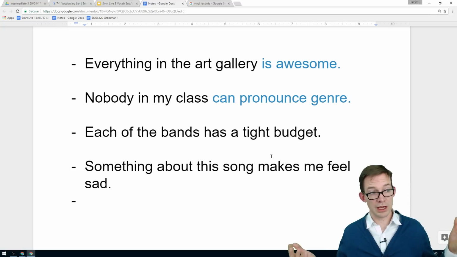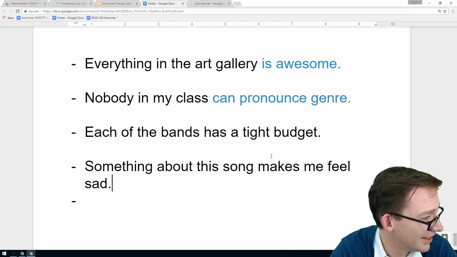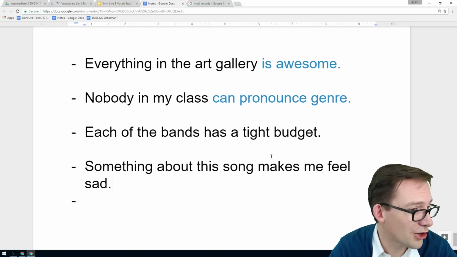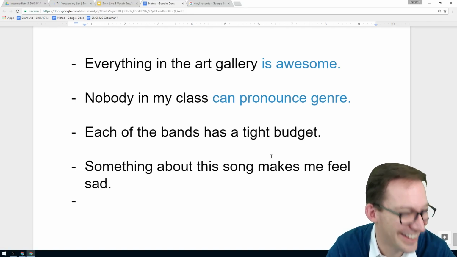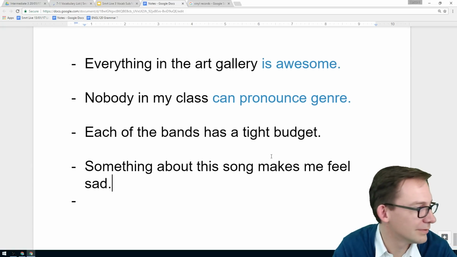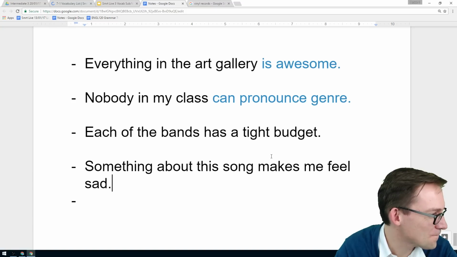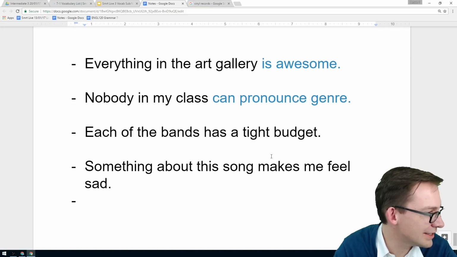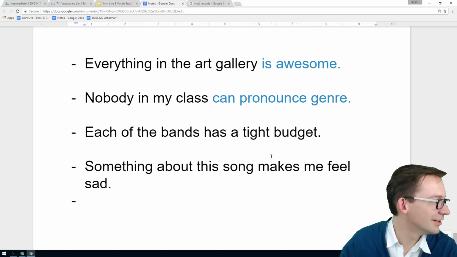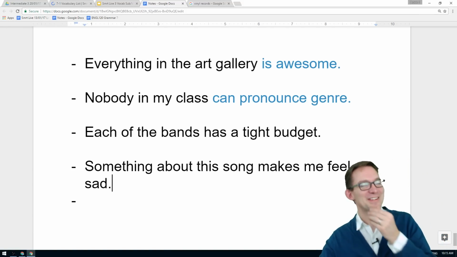Something about this song makes me feel sad. And that's a great example. Okay? Something about this song reminds me of Shaun's smile. Okay. I wonder what song it is. I don't know. Adele, maybe? I'm not sure. Ibrahim, you did the best examples? Okay. What did Rosa say that was so funny? Okay, so this is good.